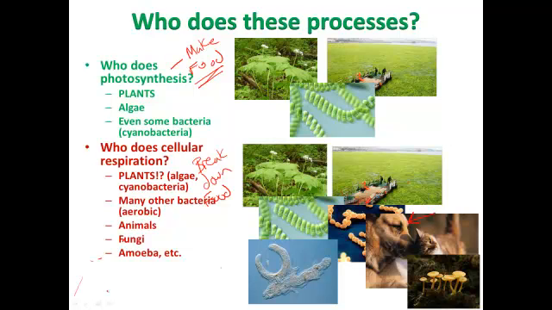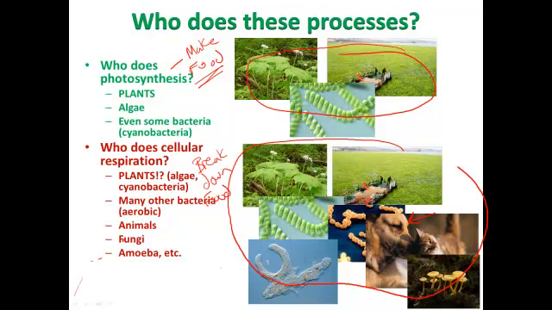All right, so essentially, only a few folks are able to do photosynthesis on planet Earth. It's these green guys. Whereas almost everyone can do cellular respiration. Not everyone. There are some bacteria that cannot do it.